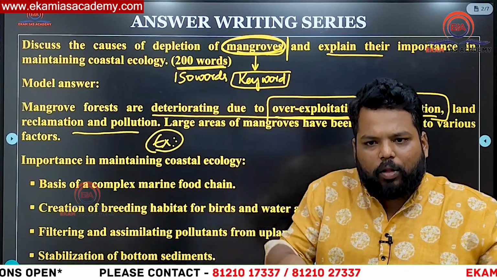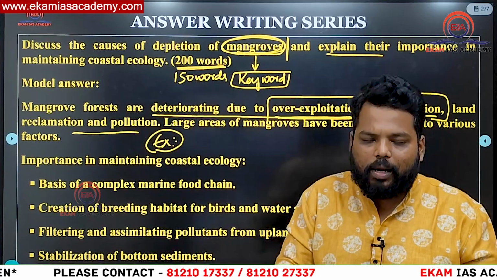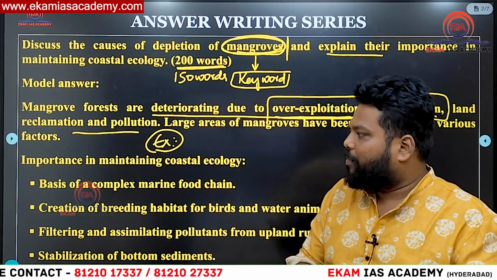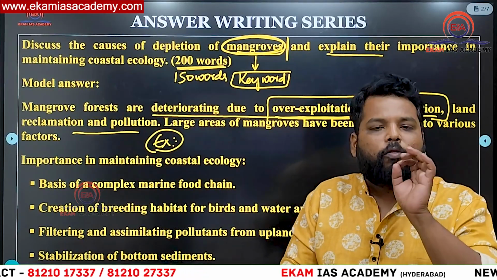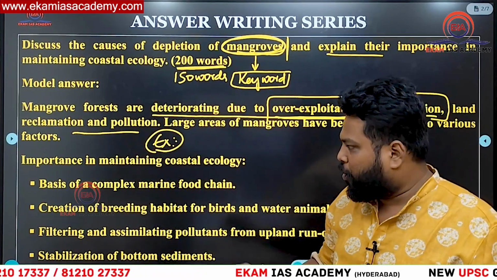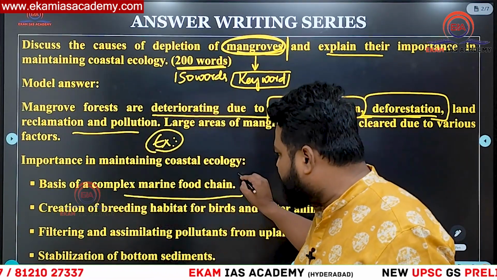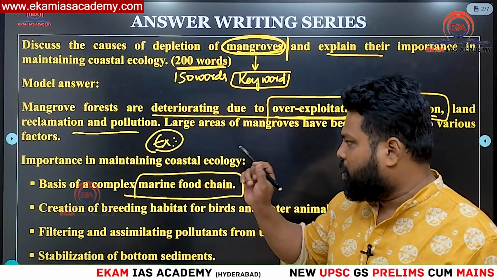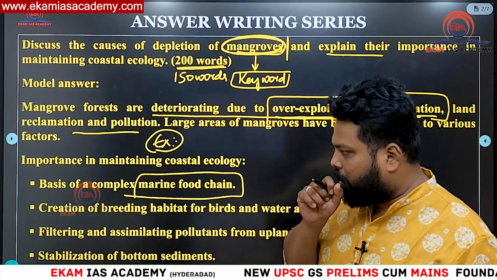That's why along the coastal deltaic regions where mangrove forestries are grown, the Sundarban forestry regions, they are very essential for fishing aspects. So for the complex marine food chain, this system is very, very important for us. This is one point which you have to remember.